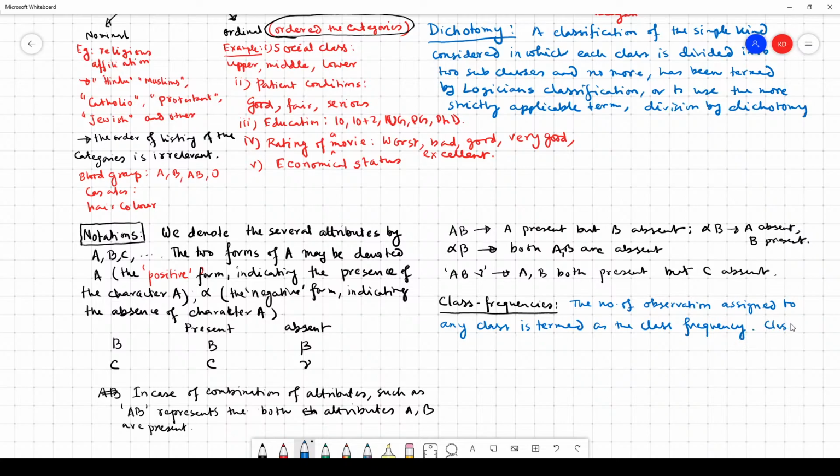Class frequency will be denoted by putting the cross symbols within parentheses.